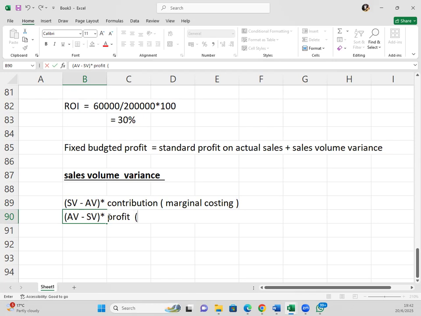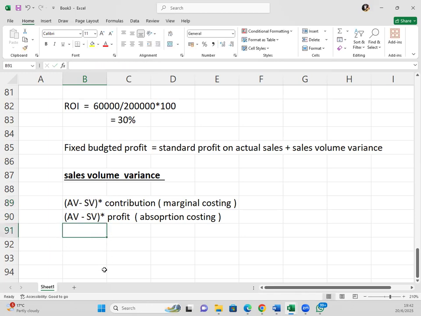The one that uses profit is under absorption costing. So the other one uses profit and the other one uses contribution.